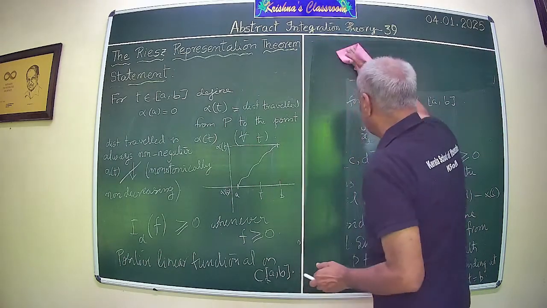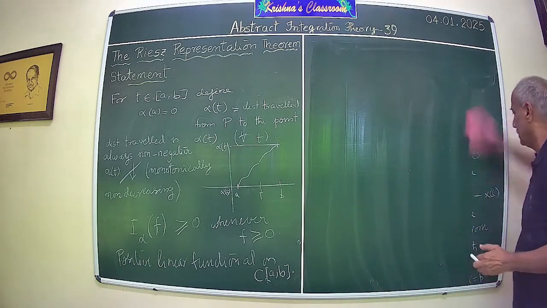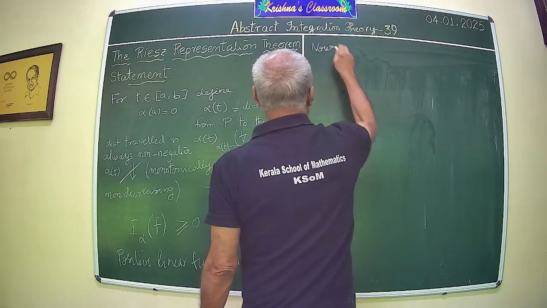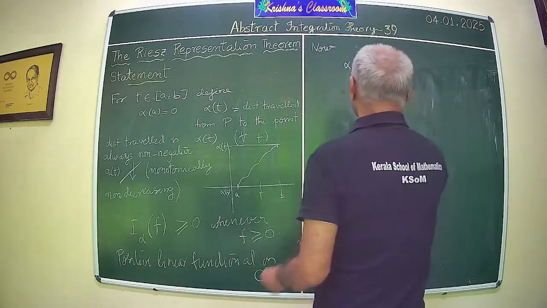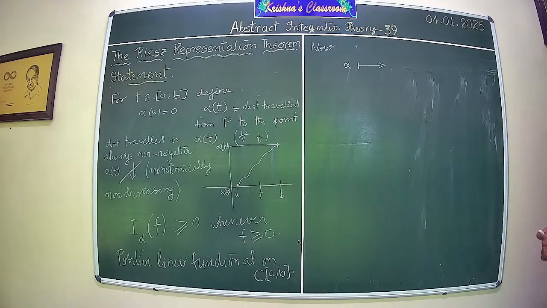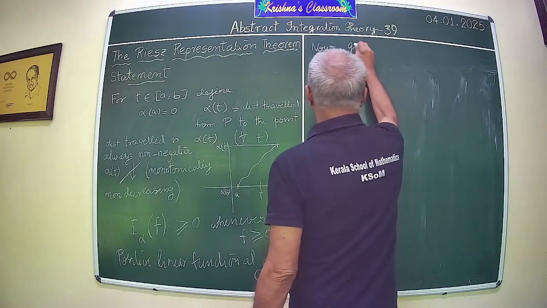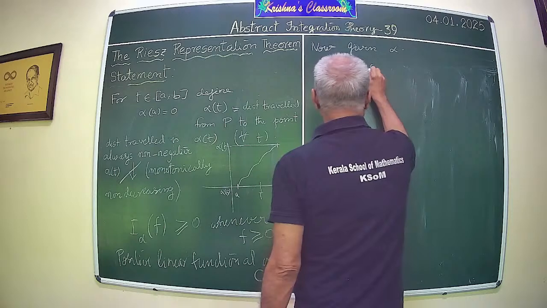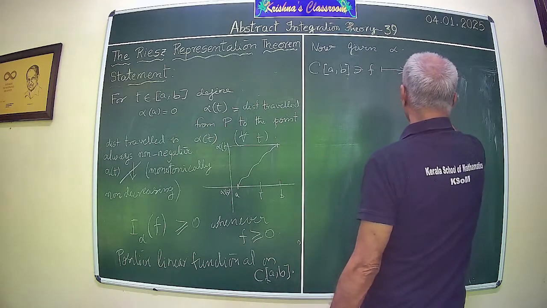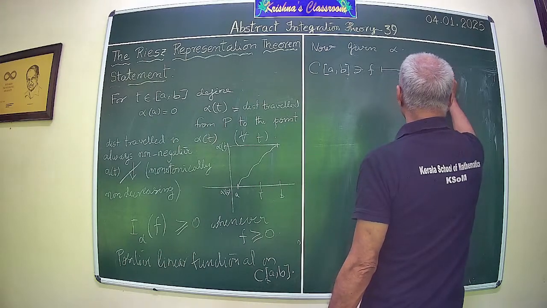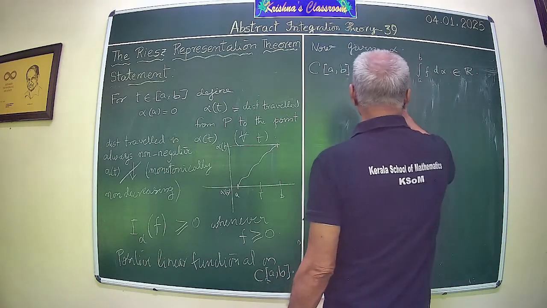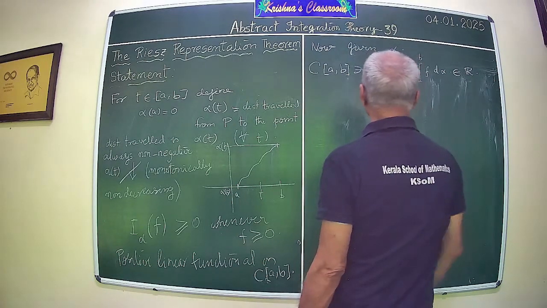So here, given alpha, we have f belonging to C[a, b] mapped to some scalar, the integral I alpha of f, belonging to R. It's a linear map. This is I alpha. So I alpha is linear.